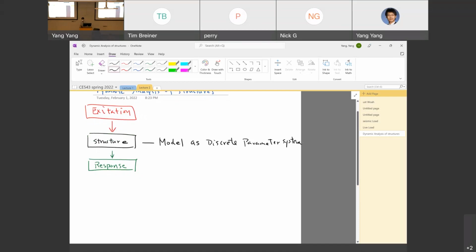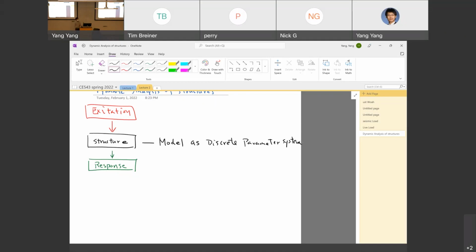What does this mean? In reality, all the building materials are continuous, including the elasticity and the mass distribution.